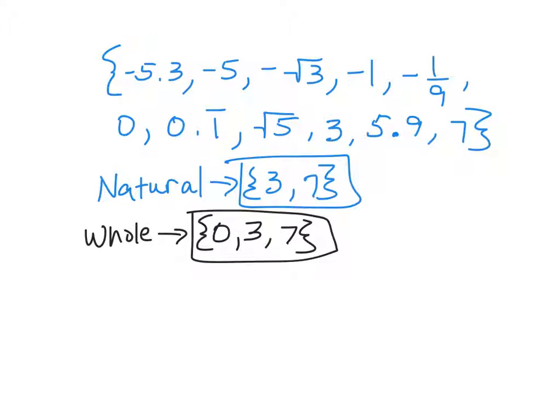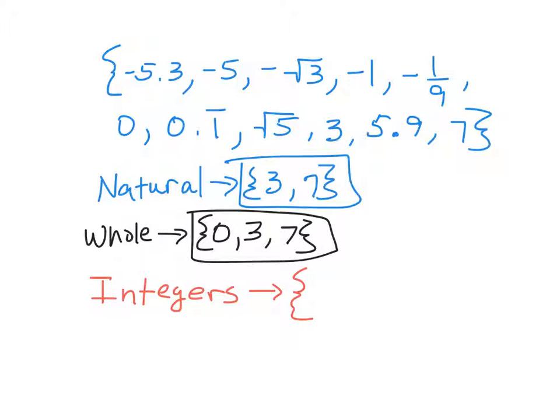Okay, that means Robert and Emily, we're going to play the game a little bit different way with you guys. We're going to go through and list all the integers, but let's go through number by number and you tell me yes or no. So, negative 5.3. No. Why? You're right. Negative 5.